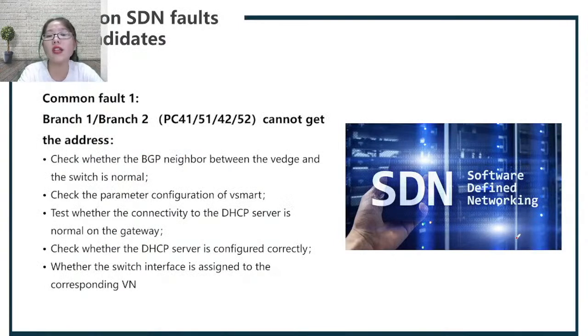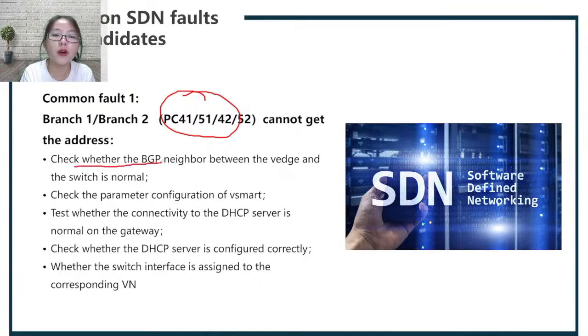We can also look at the SDN part. In this part, the most important thing is for the PC to obtain an IP address, but many students can't get an IP address during the exam, so I want to share this part with you.